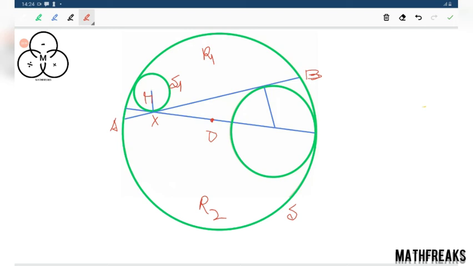This touching AB at Y point, touching AB at Y point, angle YXO is given 30 degrees.